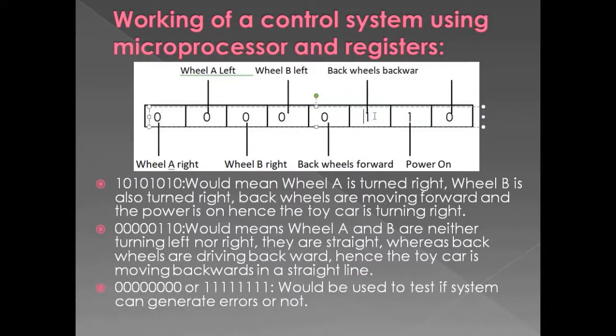Now if you have all zeros or all ones, that means power is both on and off. This means it has an error. Or if all of them are 1, that would mean wheels are turning towards left and right at the same time and the power is on and off at the same time, which is wrong. It cannot happen. So in such a case we would write that this is either used to test whether the system is capable of displaying an error message, or the system has encountered an error.